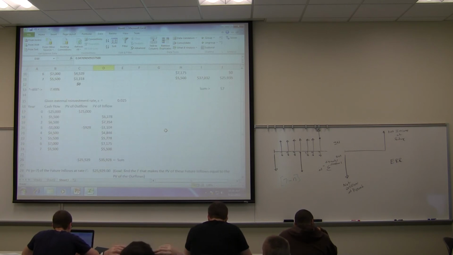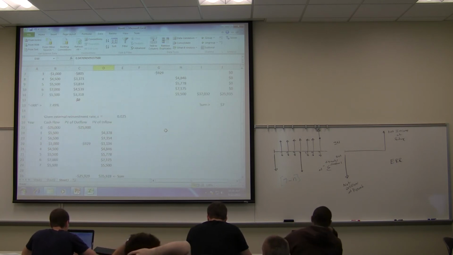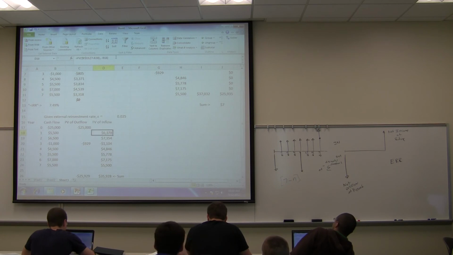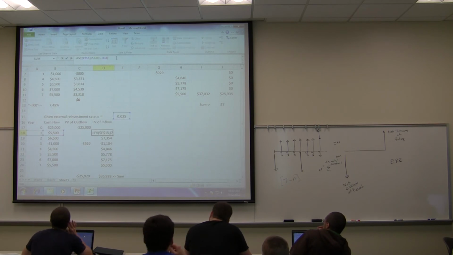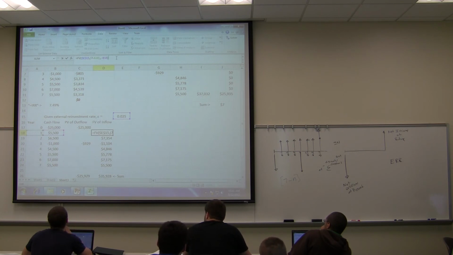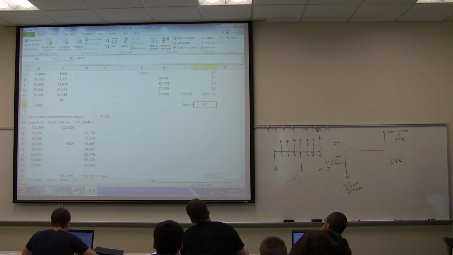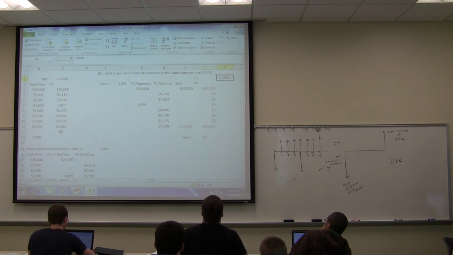Hey, so you want to see the sum of $7? I don't know. Maybe it's because you get zero. Why is your sum $7 on the top? Yeah, right there. Because I was playing with it manually.